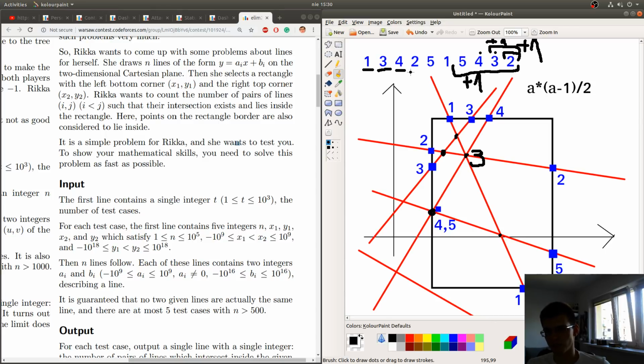For example, in a moment 2 is connected here, so it would get, I think, +3 to the answer, because in the segment tree this place has 3. And let's see that 2 indeed intersects with 3 lines: 1, 2, 3.